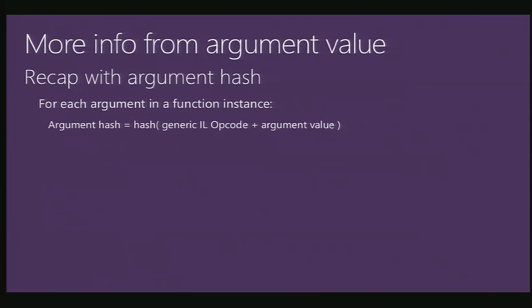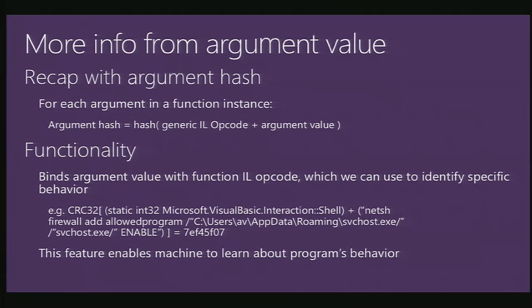You might remember that I didn't make use of this argument hash, but actually for every argument in a function instance, the argument hash takes the hash value of the generic IL opcode plus the argument value, which binds the argument value with the function IL opcode.